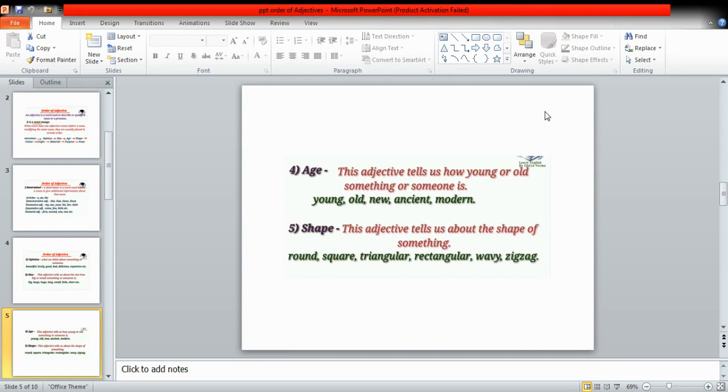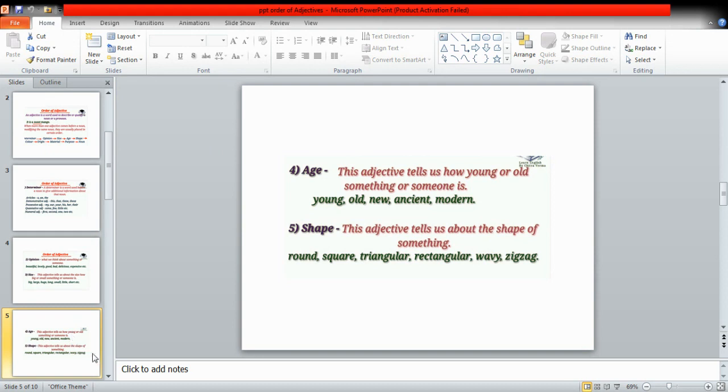Then comes shape. This adjective tells us about the shape of something. All the words denoting shape, like round, square, triangular, rectangular, wavy, zigzag, tell us in one way or another the shape of a noun.